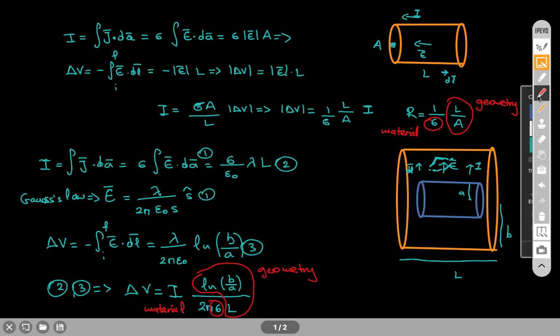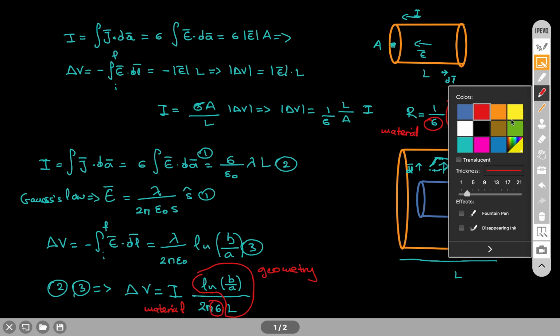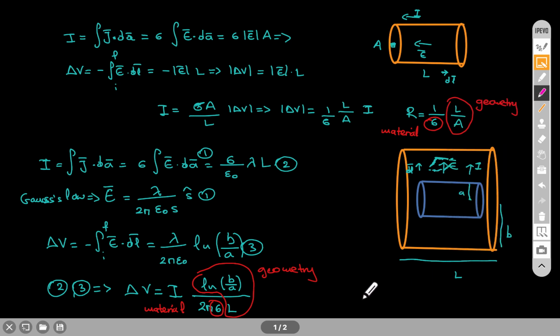So that at the end, you are looking to find an expression of this form so that you can find R. So find delta V independently, find the current independently, and then combine the results of those two expressions to see what these are. And you should find that it depends on the geometry and the material.